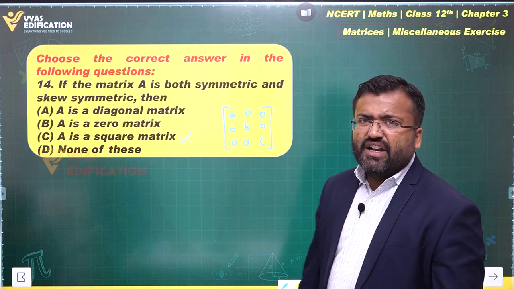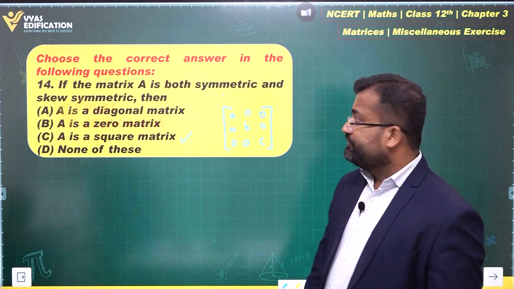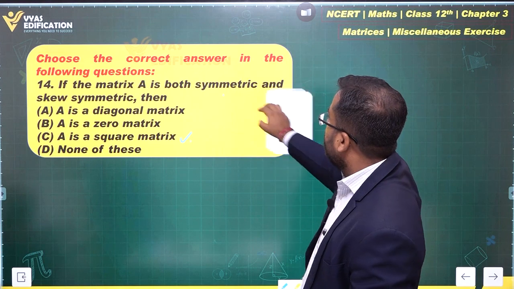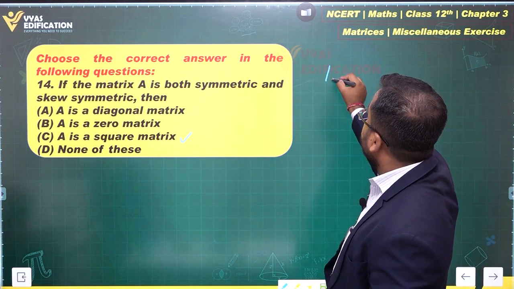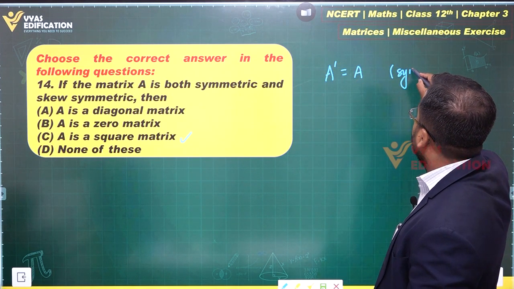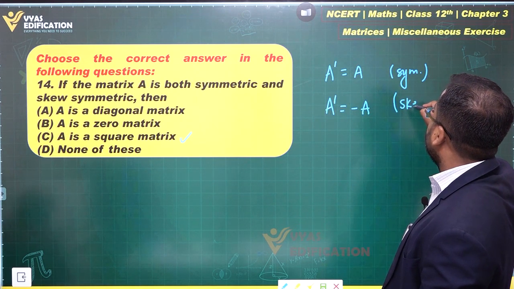But what about the conditions of symmetric and skew symmetric? Do we have anything special in that? Yes. If A is both symmetric and skew symmetric, then what kind of matrix will A be? A transpose is equal to A as per symmetric. A transpose is equal to minus A as per skew symmetric.